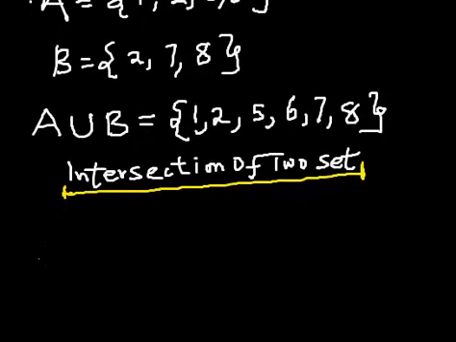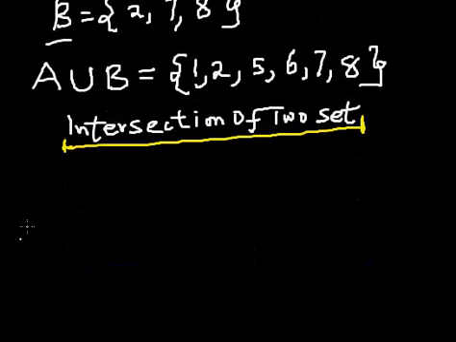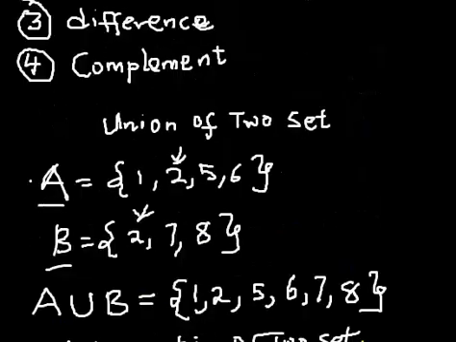Now let me use the example I have here, A and B. You discover very well that the point where A and B intersect is at 2. In A there is 2 and in B there is 2. So this is how we represent intersection. Please take note of the symbol. A intersection B, which we write with the symbol ∩ connecting A and B, while union is ∪. So just 2. I hope that is well understood.